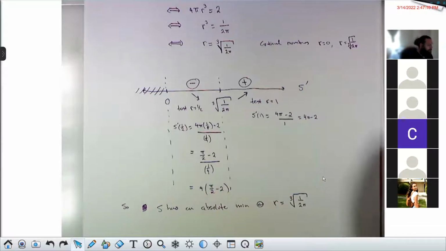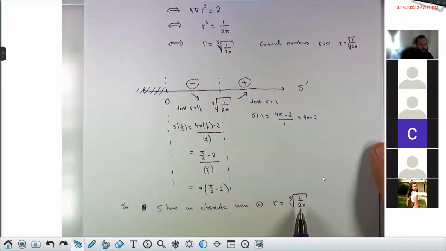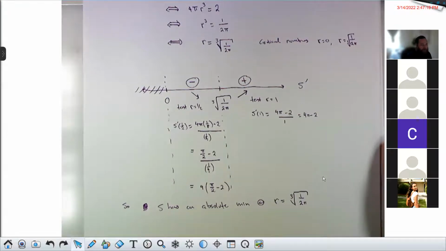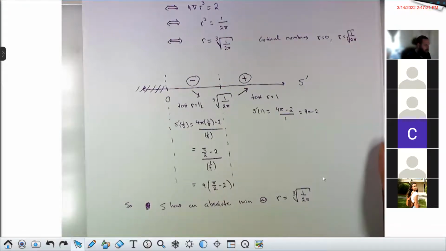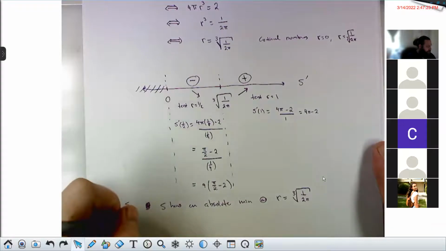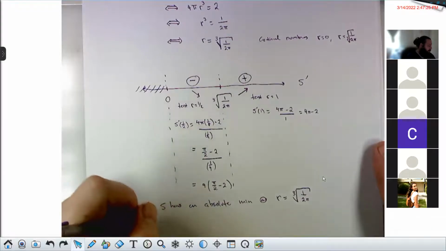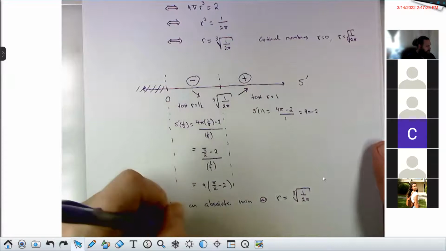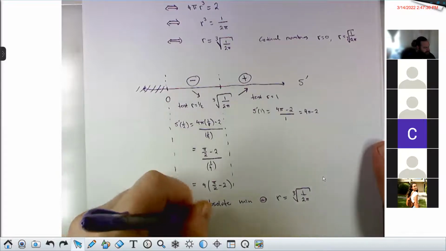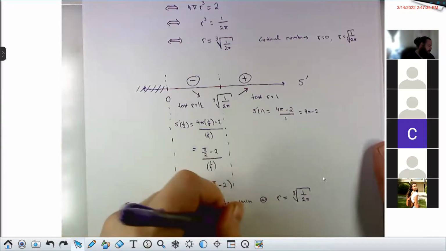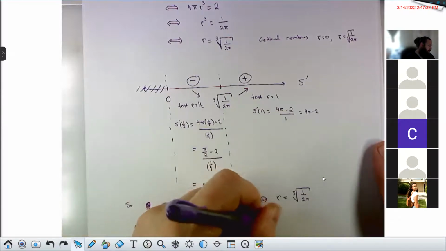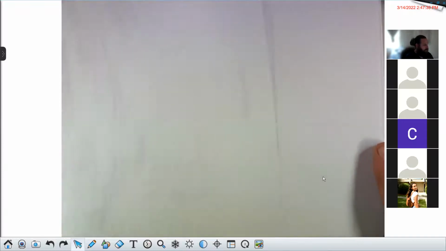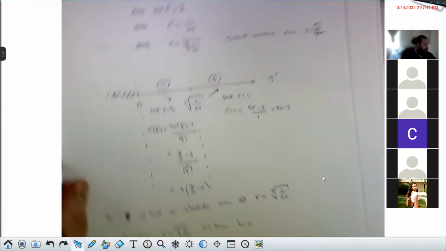Okay. We found that the surface area is minimized when R is the cube root of 1 over 2 pi. Still not quite done though. They wanted the dimensions, plural, which minimize the material, which means we also need to tell them what H is. So when R is the cube root of 1 over 2 pi, we know H is, if you look back, we solved for H in terms of R earlier.